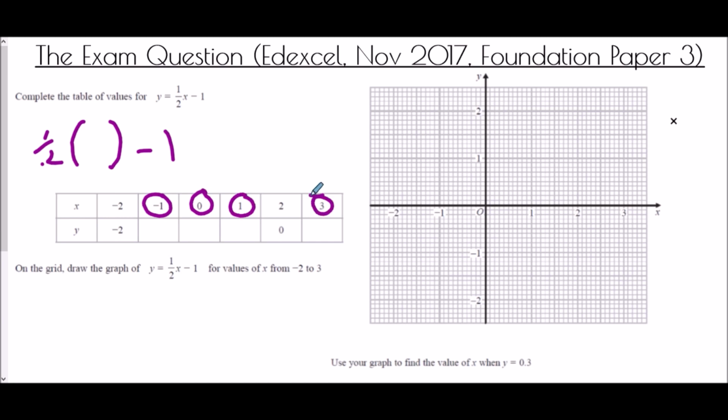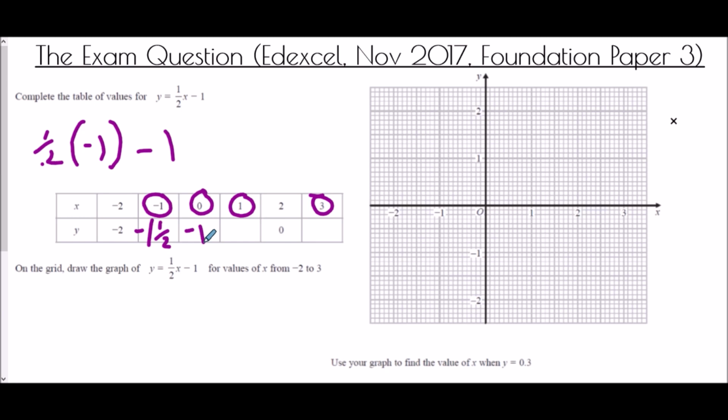And so if you did that, a half, and you put -1 in there, a half of -1 is negative a half. So take away 1 is -1 and a half. If we put 0 into that bracket, it will be a half times 0, which is 0. Take away 1 is -1.